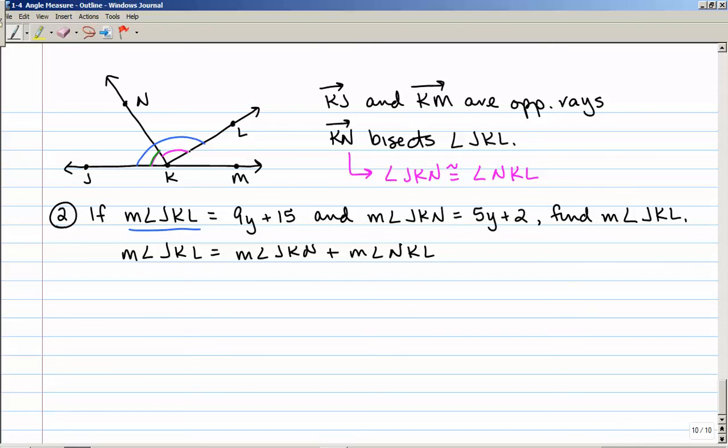So the big angle that I marked in blue is equal to JKN, the smaller angle that I've marked in both pink and green, and angle NKL, which is marked in just pink. Okay, but I know because KN is a bisector that these two smaller angles are equal to each other. So I can actually substitute JKN into here for NKL.